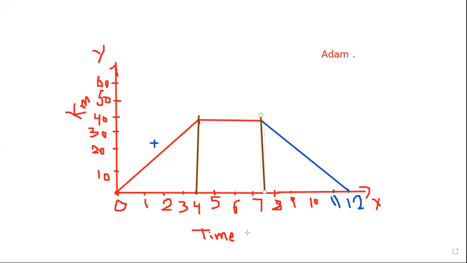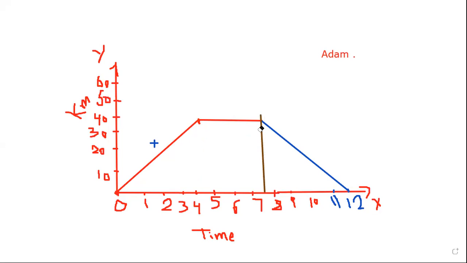Then he reached Cairo at 4, right? 3.5 hours. Yes, thank you so much. Then in this one, we said that he stayed in Cairo for 3.5 hours.